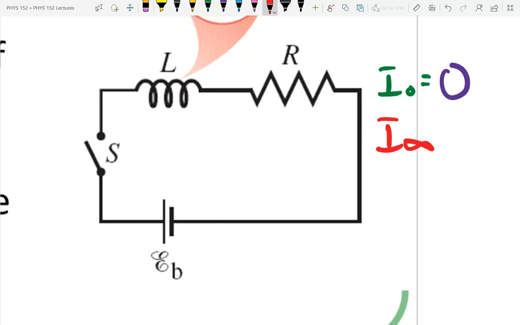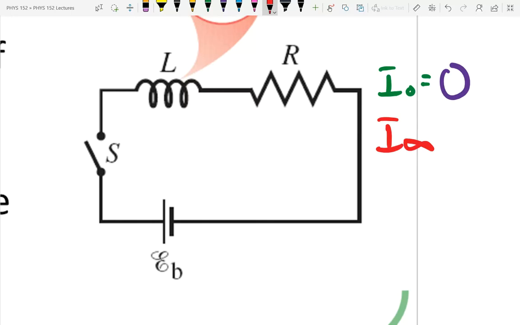After a very long amount of time, what's going to happen to the current? Is it going to be changing or is it going to be constant? After a very long amount of time, the current's going to be constant. The voltage across the inductor is proportional to the change in current. So if the current's constant, what's the voltage across the inductor going to be after a very long amount of time? 0.